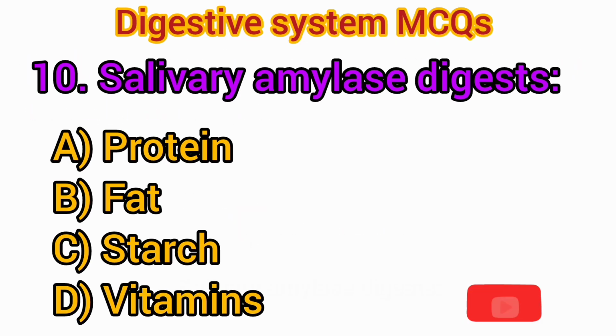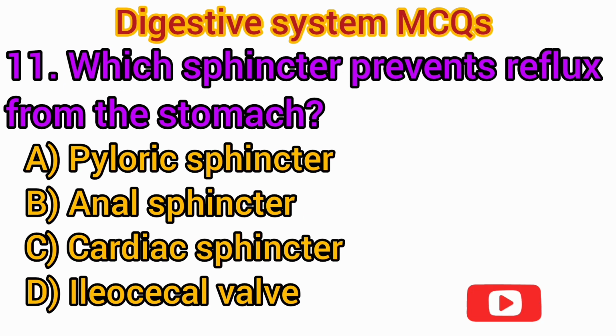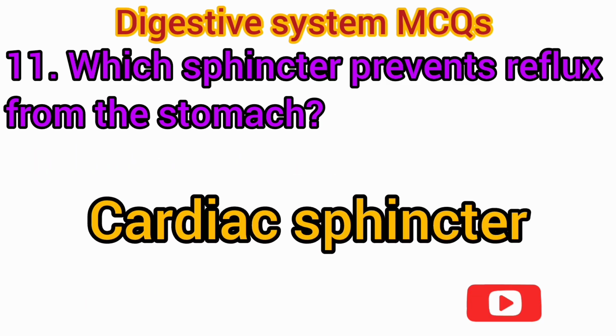Salivary amylase digests... starch. Which sphincter prevents reflux from the stomach? Cardiac sphincter.